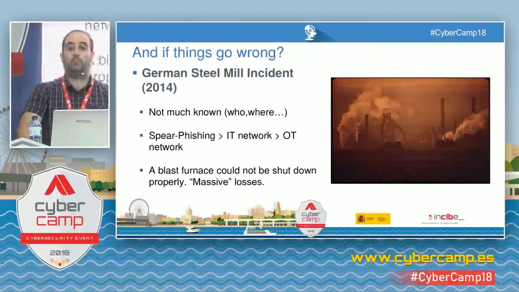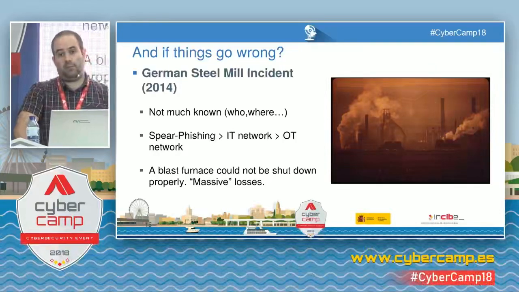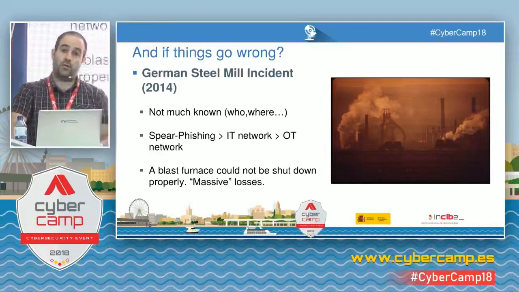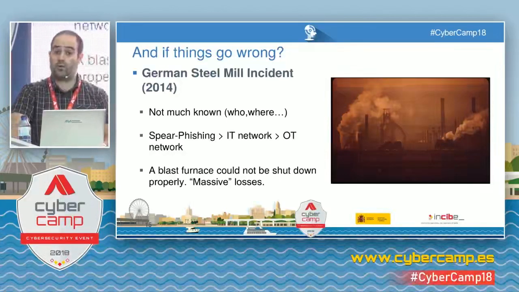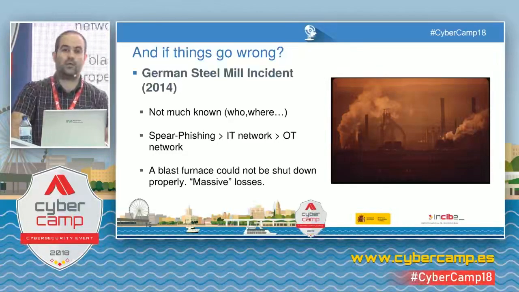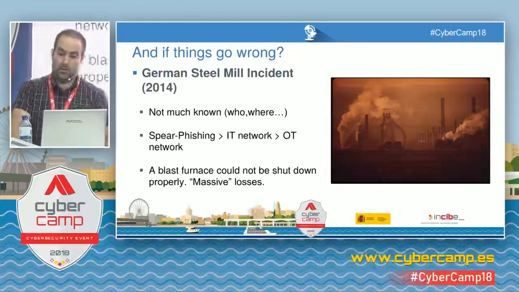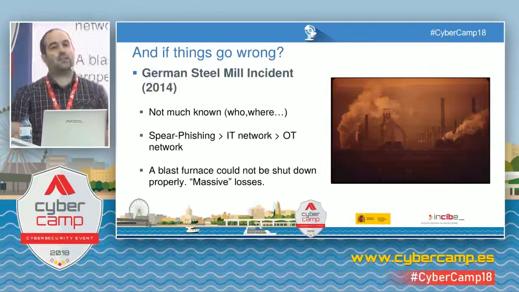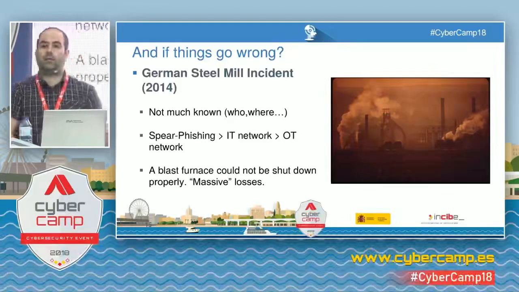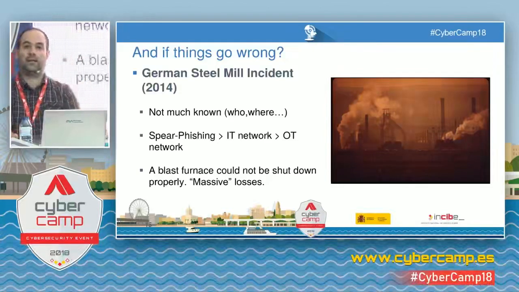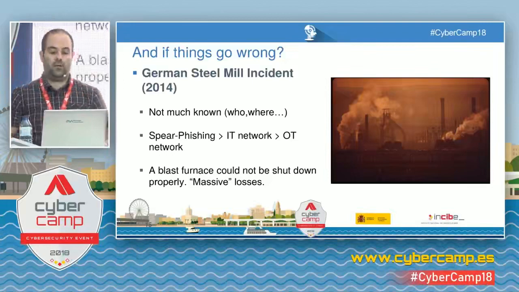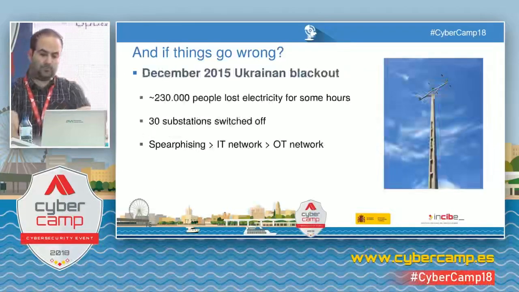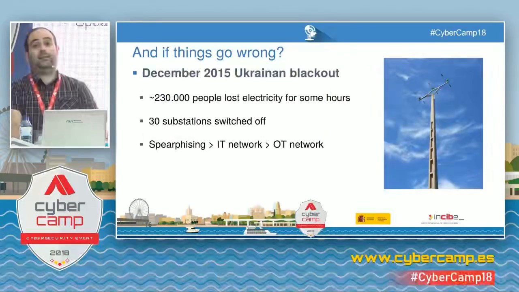An executive from the company received that email, and as a result, they got into the system, accessed the information system, and had access to the furnaces. Well, there was a fire in one of the blast furnaces as a result of that, and that caused massive losses. The fire took a long time to be controlled. We don't know if malware was used. We don't know if that was their actual proper target. We don't have that information.